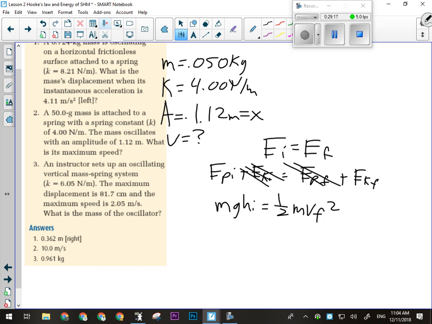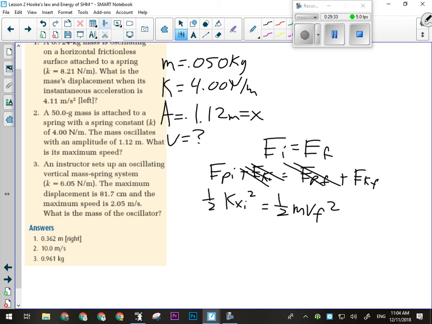Whoops, what did I do wrong? I'm in such a habit of using that because I just worked on that with my Science 10s this morning. 1/2 k x_i squared.